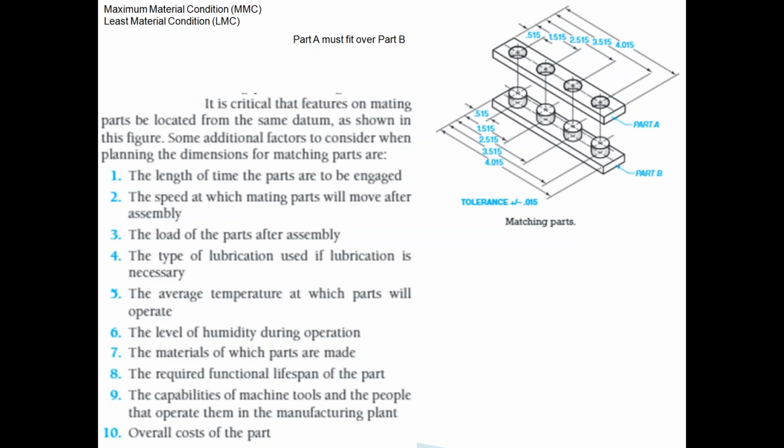It is critical that features on mating parts are located from the same datum, as shown in the figure.